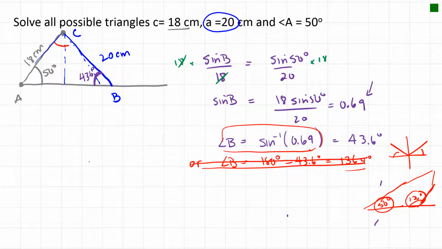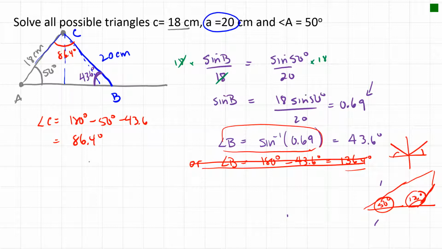What is the missing angle here? You use 180 degrees and subtract 50 and 43.6, so angle C is 180 degrees minus 50 degrees minus 43.6, which equals 86.4 degrees.